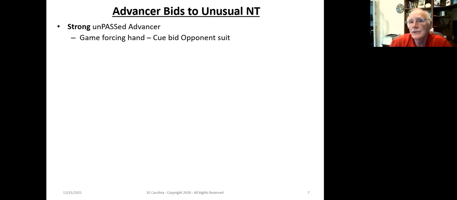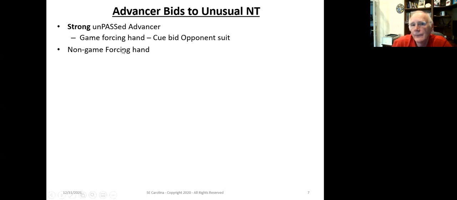You can initiate exploring game by cue bidding the opponent's suit. Okay, that's the only forcing bid available to you. Cue bid the opener's suit. Or if they bid 2 suits, cue bid the lowest opponent bid suit. That way, your partner is forced to bid and to give you information so you can determine where you want to go.